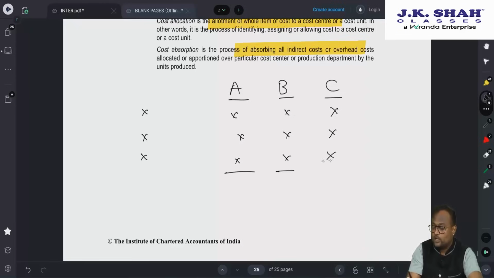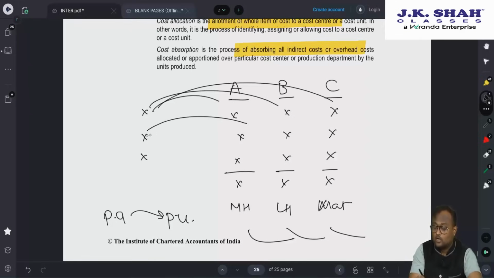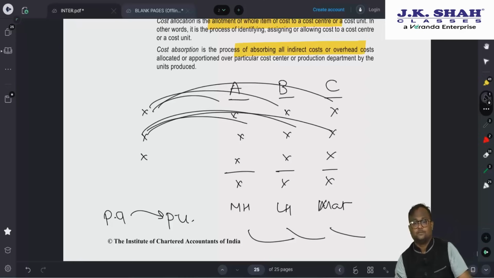Once you do the allocation, you get the total. One is divided by machine hours, second by labor hours, third by material cost to get the percentage, and you get the absorption rate, which is later on applied. That is absorption, that is recovery. Recovery, where you convert per annum into per unit. You convert your period cost into a product cost. But allocation means when you segregate total cost into various parts.